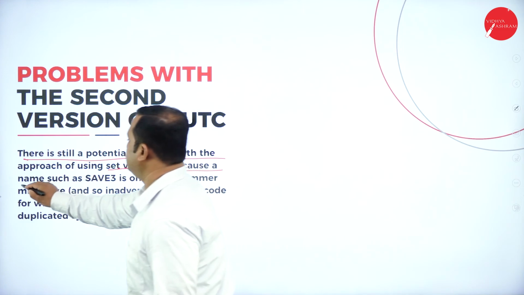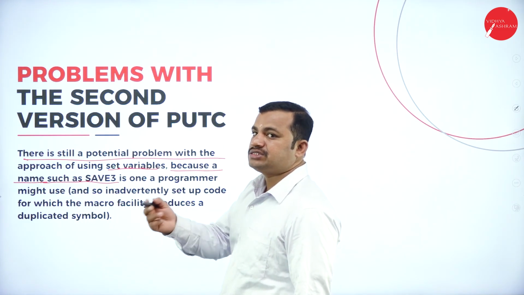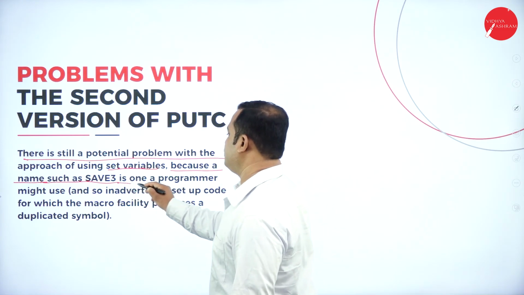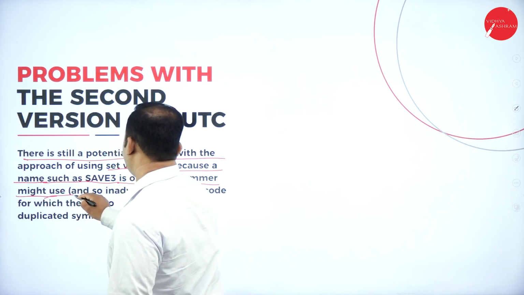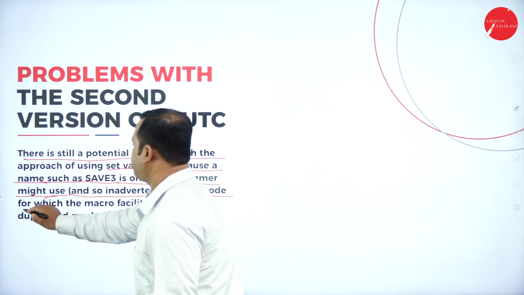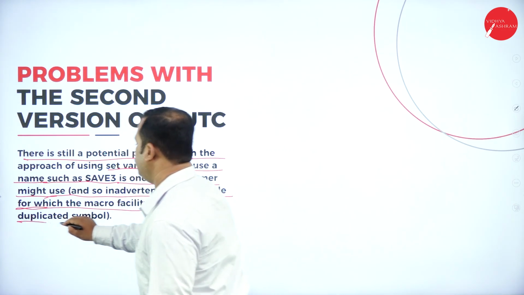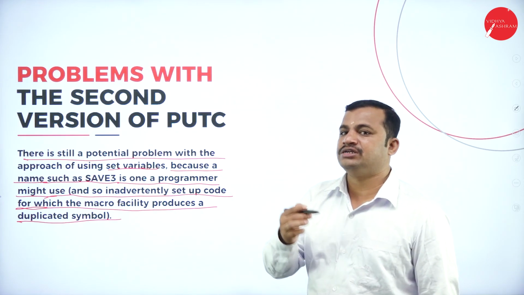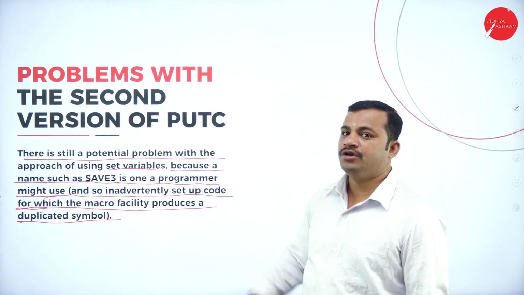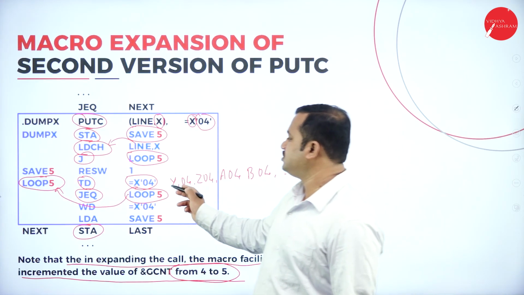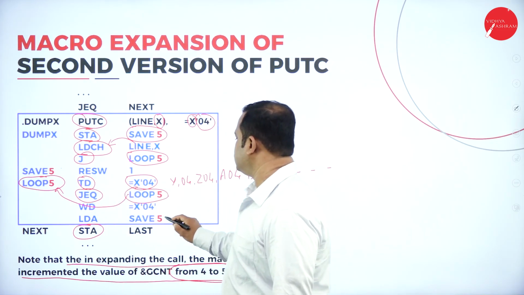Names such as save 3, loop 5, save 5 are variables that one of the programmers might use, and so inadvertently set up code for which the macro facility produces a duplicated symbol. Again, it generates duplicated symbols like save 3, save 3, save 5, save 5, loop 5, loop 5.